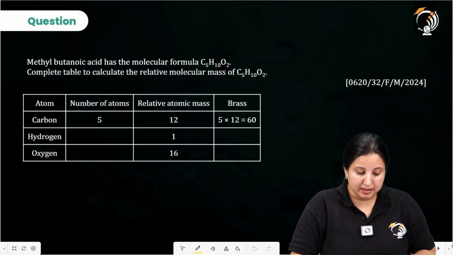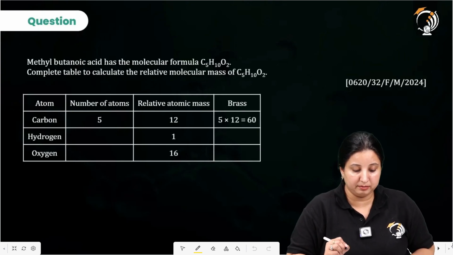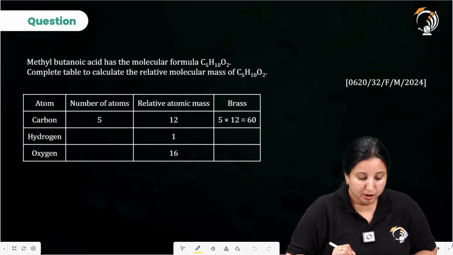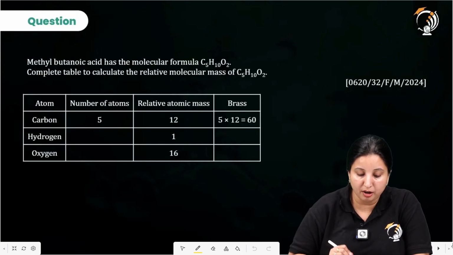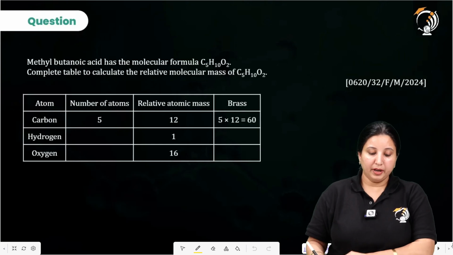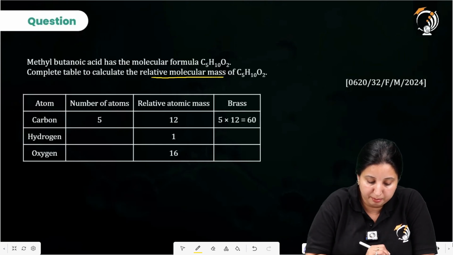Methyl butanoic acid has the molecular formula of C5H10O2. Complete the table to calculate the relative molecular mass of C5H10O2. Now look, basically over here we have to find out the relative molecular mass.